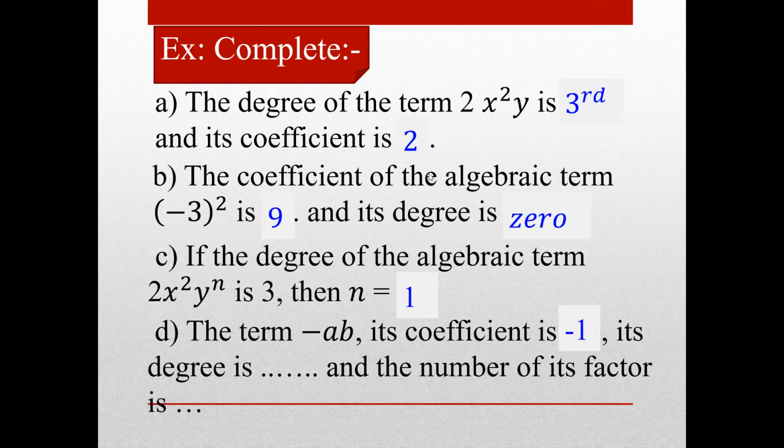Find the sum of powers of the algebraic factors. a power 1, b power 1, their sum is 2, so the degree of the term is second degree. And the number of its factors: first, the numerical factor, then a with the first power, 1 factor, b with the first power, another 1 factor. So how many factors? 3 factors.